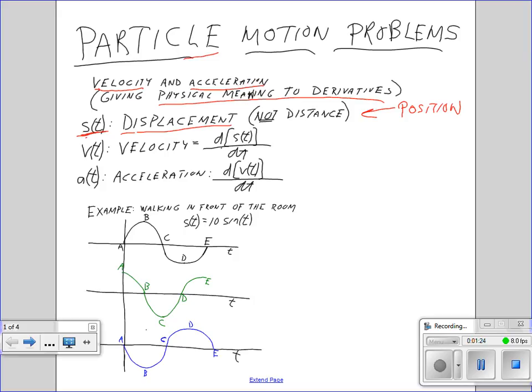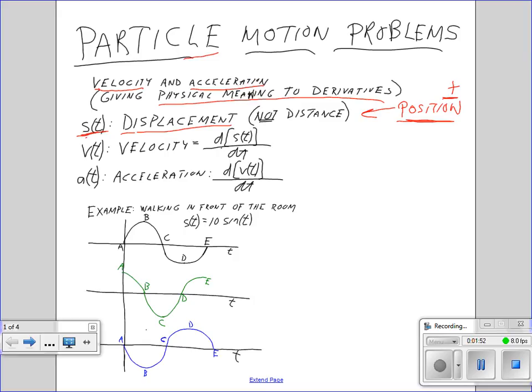But with displacement, I could be 10 miles west of home, which I might call positive, or 10 miles east of home, which I would call negative. So a position could be positive or negative. In this course, Calculus AB, we're going to talk about one-dimensional motion, straight line motion, so our position will always be just positive or negative.